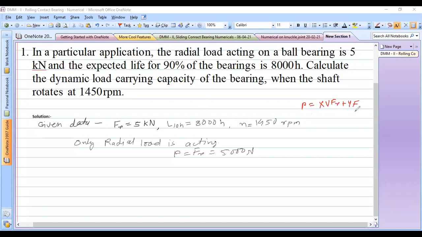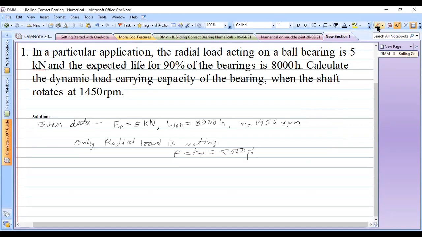And as we discussed, when only radial load is acting, purely radial load, then we can write P is equal to Fr. When only Fa is acting, at that time we can write P is equal to Fa. Clear? We already discussed these things. So first this is over.